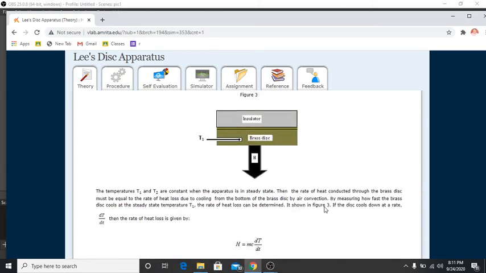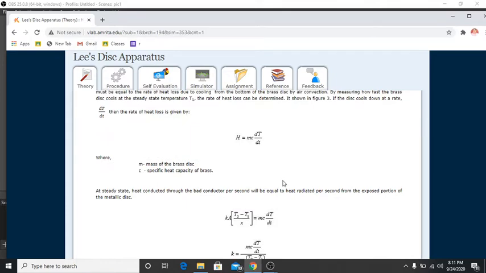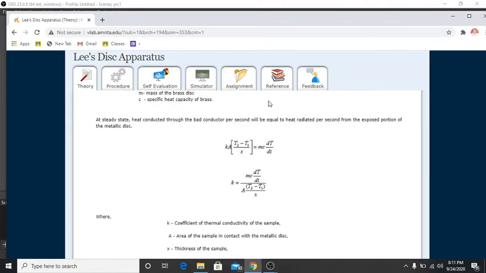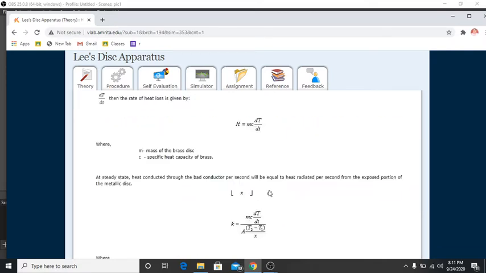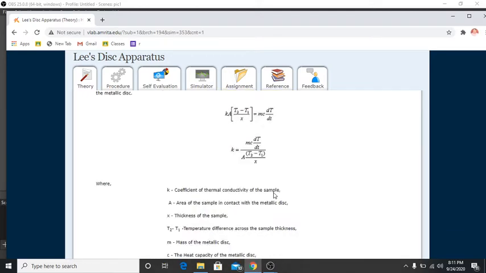Basically we have to study the steady state, and this is the experimental formula. By using certain mathematical equations we get k, the coefficient of thermal conductivity, equal to m c dT by dt, divided by the area of cross section, and the difference of temperature between the two at steady state, divided by x, the thickness of your sample.